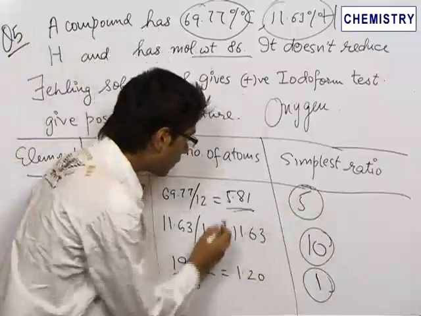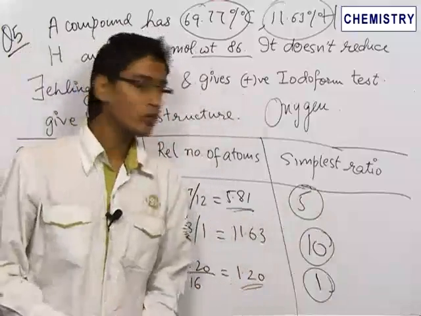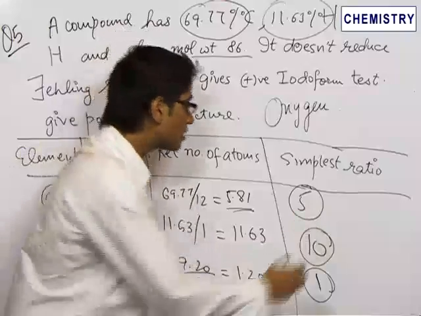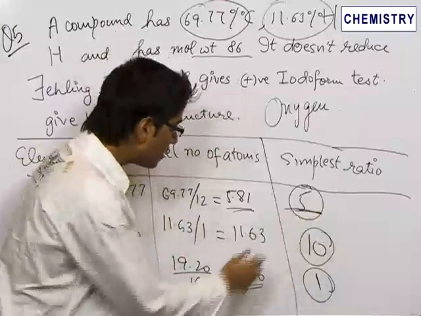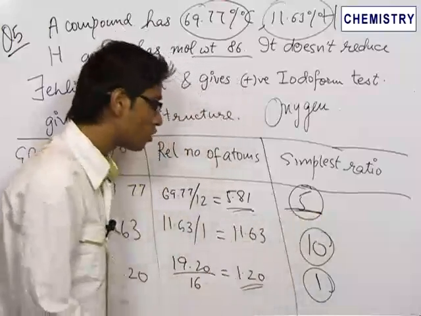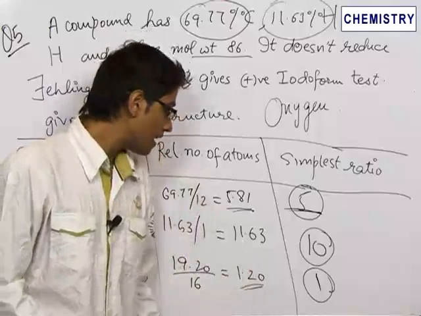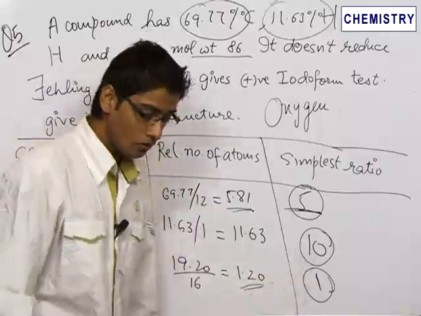This is 5.81 divided by 1.2. It is actually not equal to exactly 5. It is approximately somewhere nearer to 5. So we take the simplest ratio as 5. Similarly, this 11.63 divided by 1.2 is not actually equal to 10, but we take the simplest ratio as 10, and hence 1.2 divided by 1.2 is equal to 1.